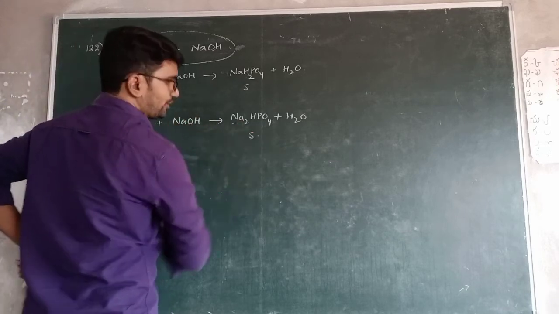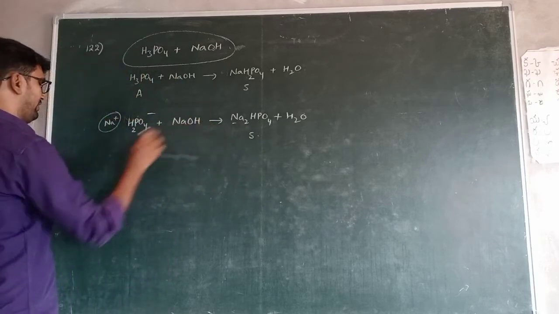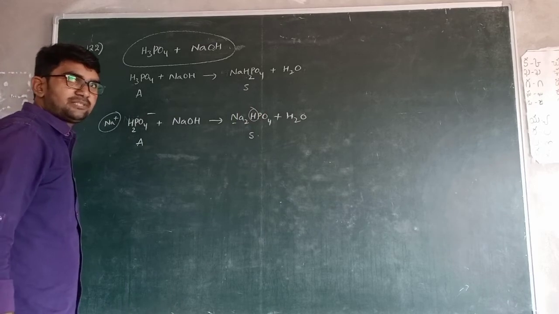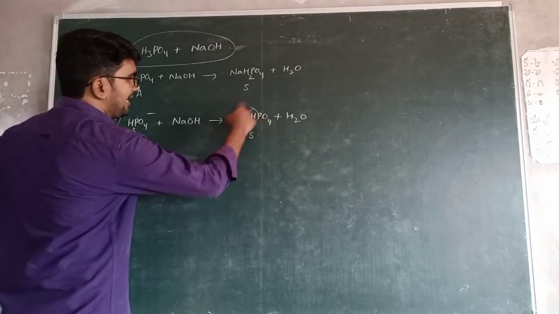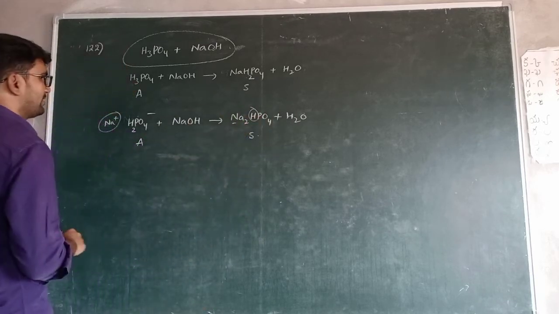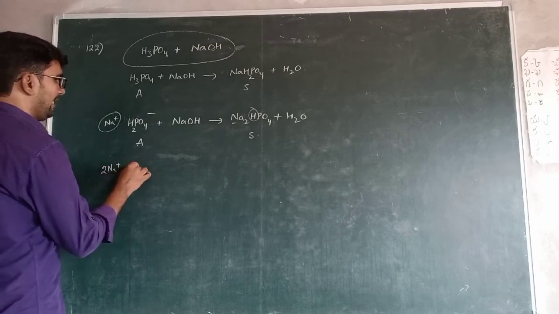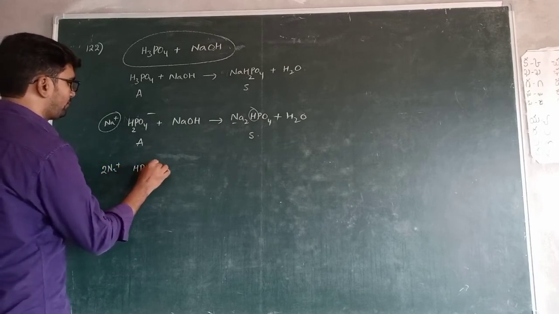It forms another salt. Now take this one again, because it still contains replaceable hydrogens, so it still acts as an acidic salt. So 2Na plus HPO4 2 minus.